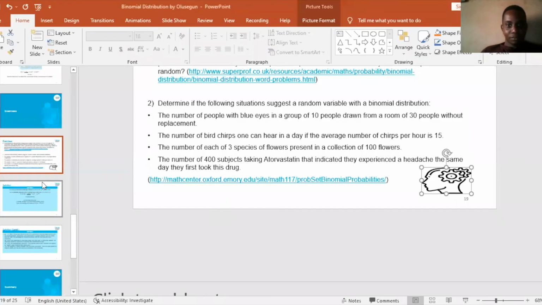So I'm sure we are done with our exercise. Now let's look at the solutions to the exercises.